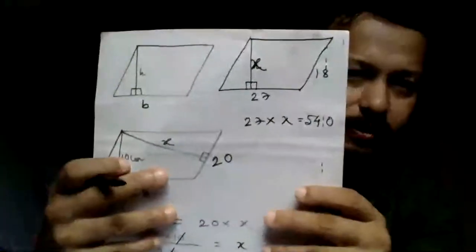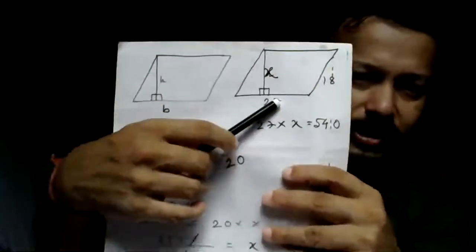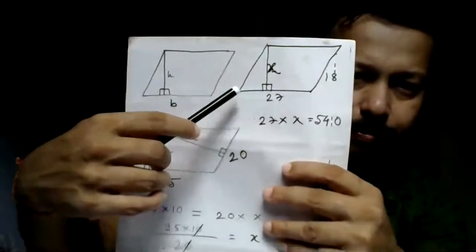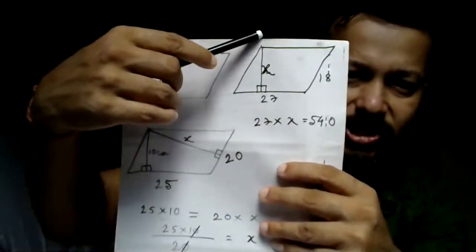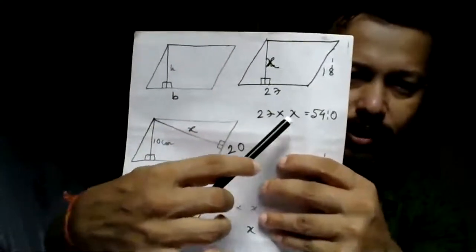So now base into height equal to area. The area of this parallelogram is given, 540. So we can write this way. If 27 is the base, then x is the height, 27 into x.